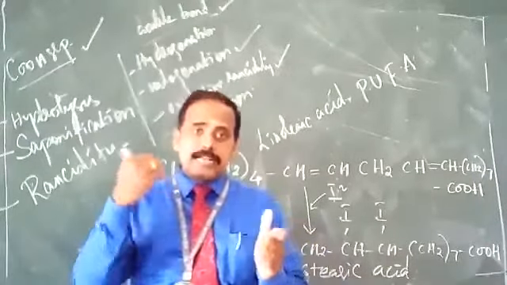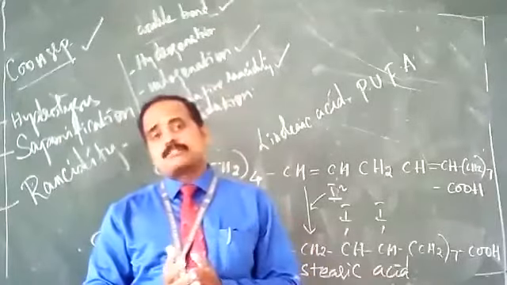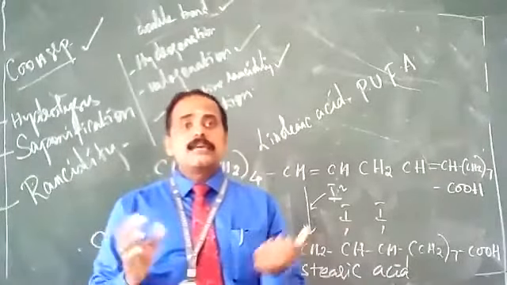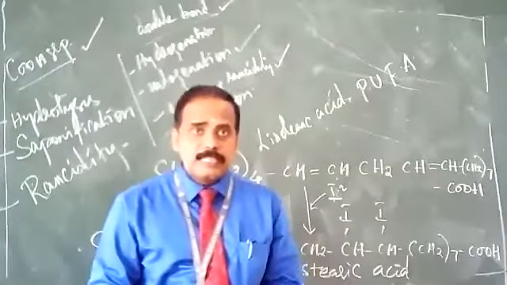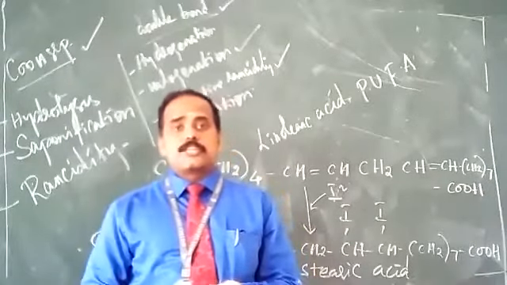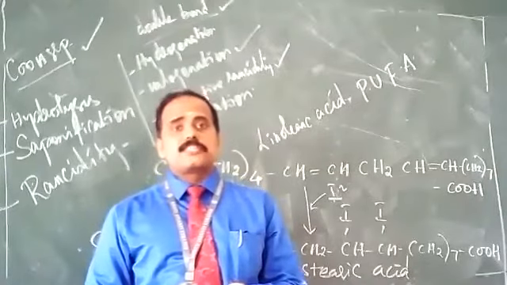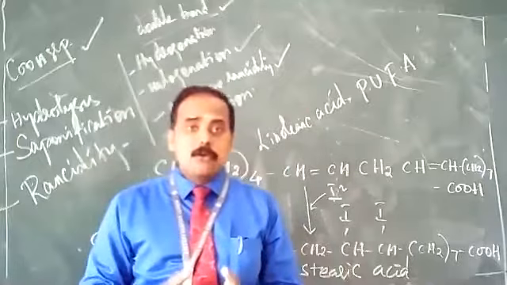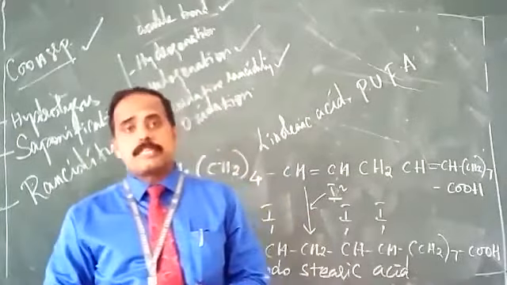Generally pure fat is colorless, but when it undergoes partial oxidation or partial hydrolysis, it becomes acidic and appears more yellow in color. That is because of partial oxidation.